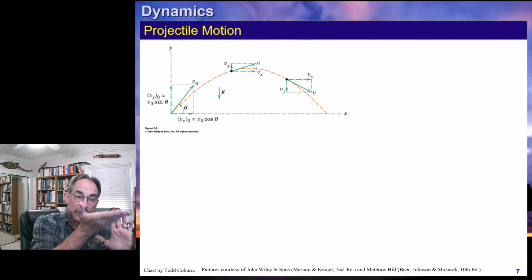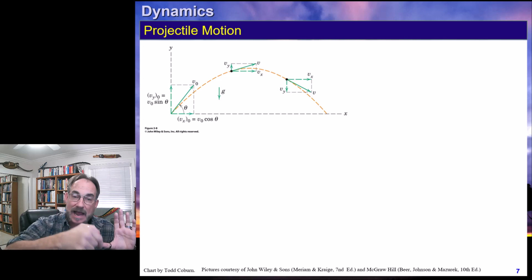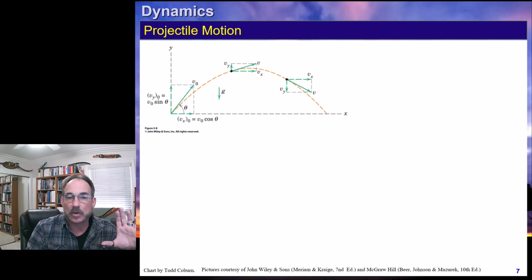Now notice, though, when we throw it up, most of the time we're going to be on some planet like Earth. Earth has gravity, which is pulling everything to the center, which means anything we throw is getting accelerated toward the center of the Earth. If we throw it down, it's going to be speeding up. If we throw it up, it's going to be slowing down and then speeding up as it drops. So this is going to affect our vertical motion.